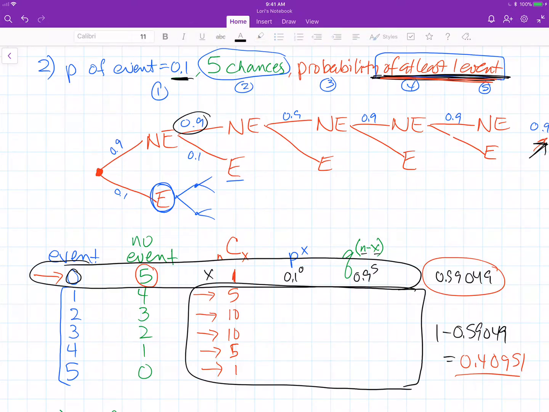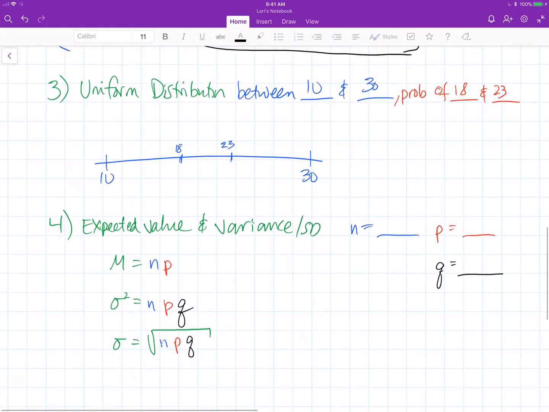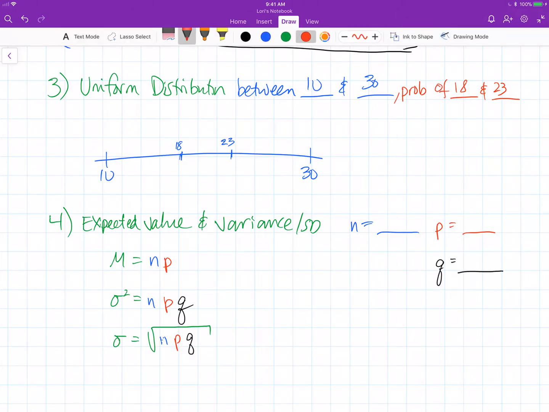The third question, a common way of asking about probability, talks about uniform distributions. In a uniform distribution, depending on what they consider to be the lower number and the higher number, let's say we have a uniform distribution that ranges between 10 and 30.